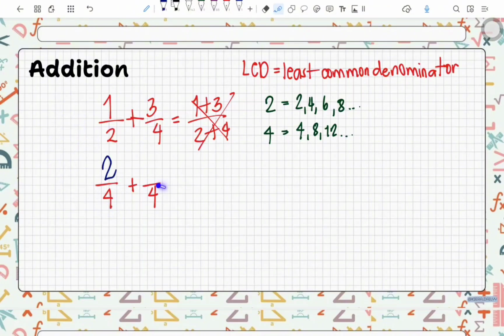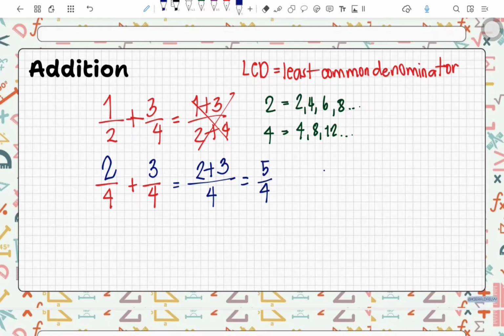The same here: 4 divided by 4 is 1, times 3 is equal to 3. So we have here 2 plus 3 over 4. Not 4 plus 4. We are just going to copy the denominator. So this is equal to 5 over 4.